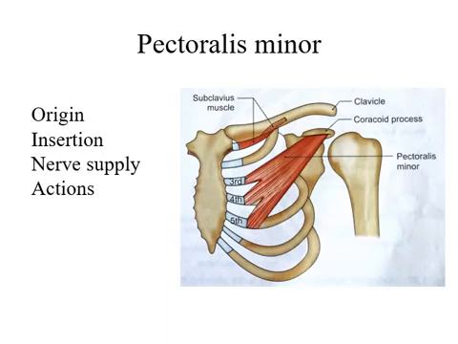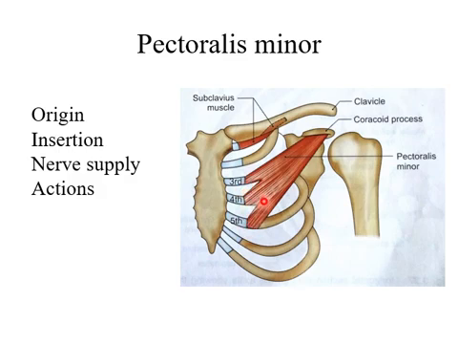The next muscle is the pectoralis minor muscle, which lies deep to the pectoralis major muscle. Now pectoralis minor muscle arises from 3rd, 4th and 5th ribs close to the costochondral joint.